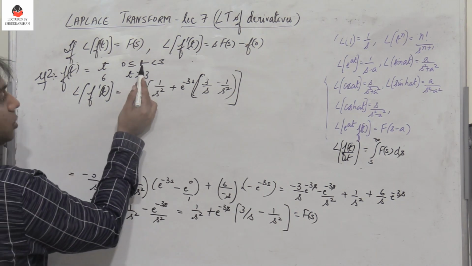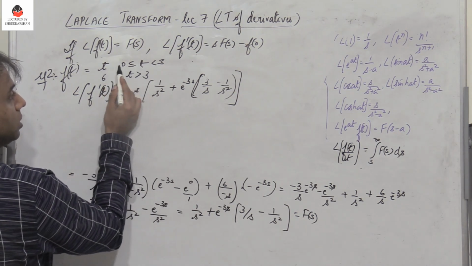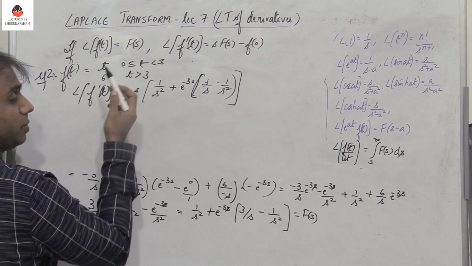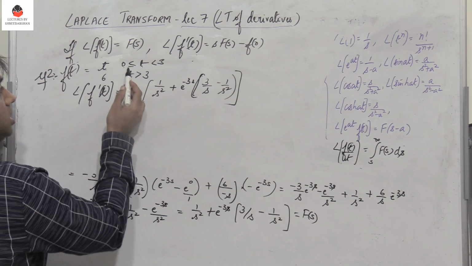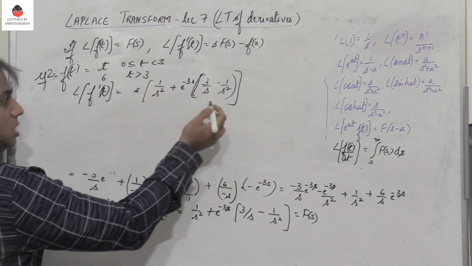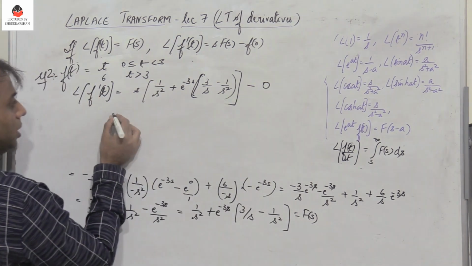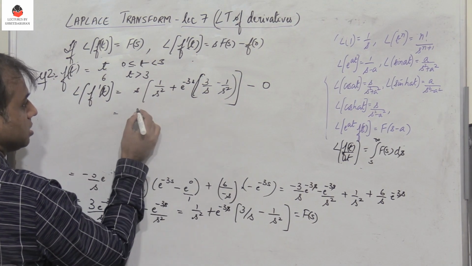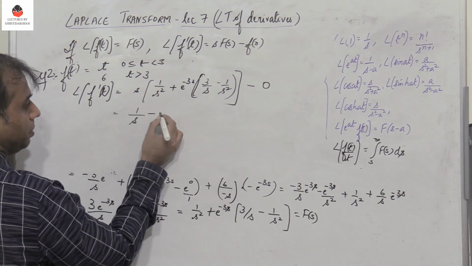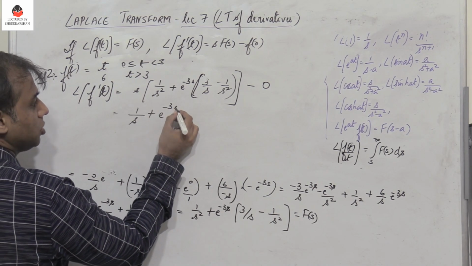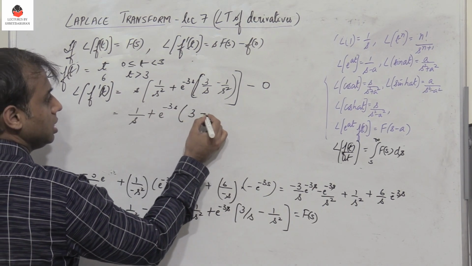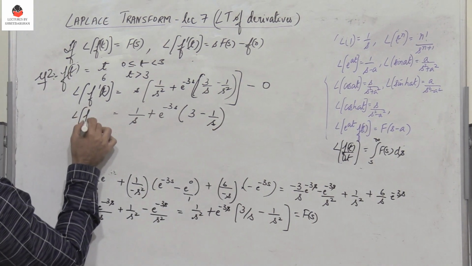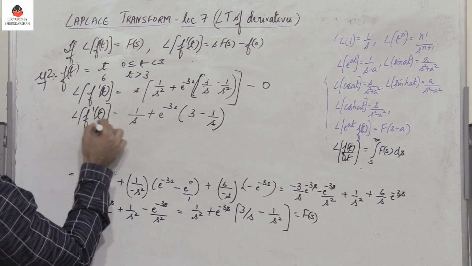When t is equal to 0, f of t equals t for t varying between 0 and 3, so it is minus 0. So s gets cancelled, and you have 1 by s plus e power minus 3s into 3 minus 1 by s. So this is the Laplace transform of f dash of t.